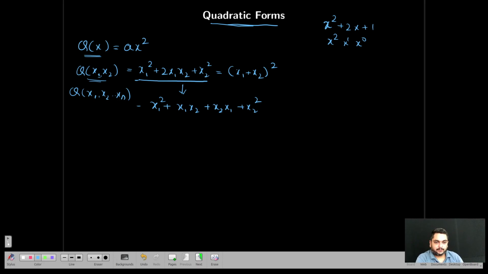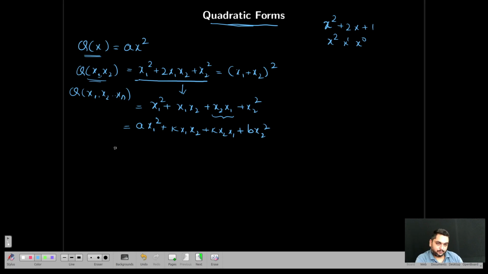Now let us write some coefficients. It is 1 everywhere. In general, let us write a x1 square plus k x1 x2 plus k x2 x1, because they are the same. If I add that, I should get 2 in this example. Plus b x2 square.